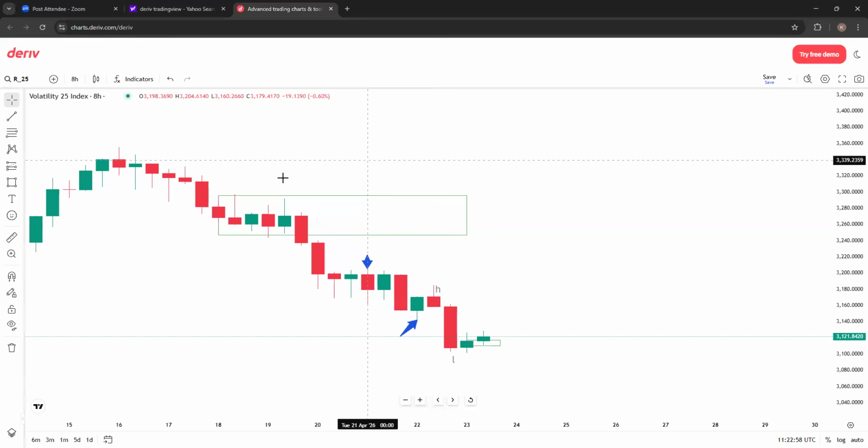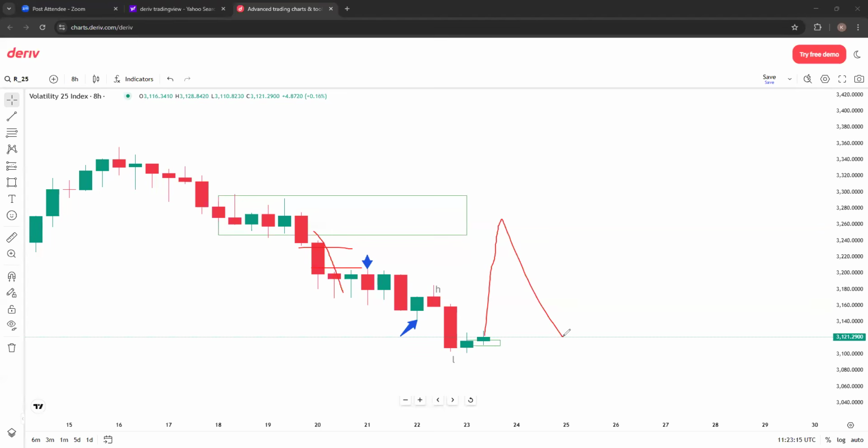So what do we know about supply when it comes out of that box? It sprints down, leaving gaps. What it generally means is that at some point price has to come back here, utilize the gap, fill in the supply, and then fall. It's completely normal.